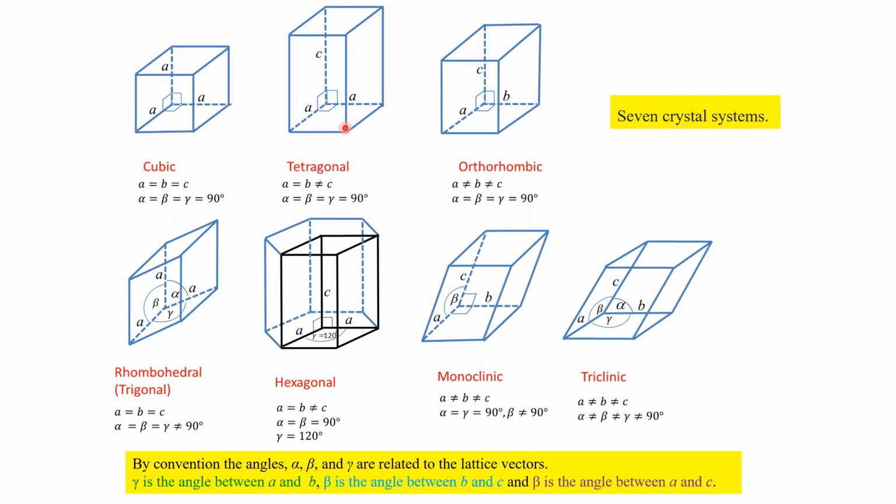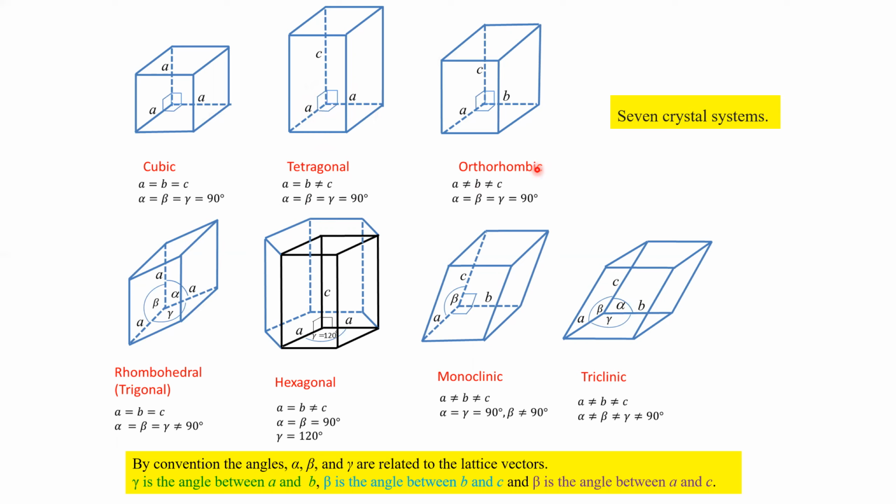Tetragonal: imagine that you stretch in the vertical direction. So C in this picture is stretching, or you can think of it as reducing, but whatever. A is the same as B now, but different from C. In this picture, C is larger than A, and A is the same as B. But all the angles between them are still 90 degrees.